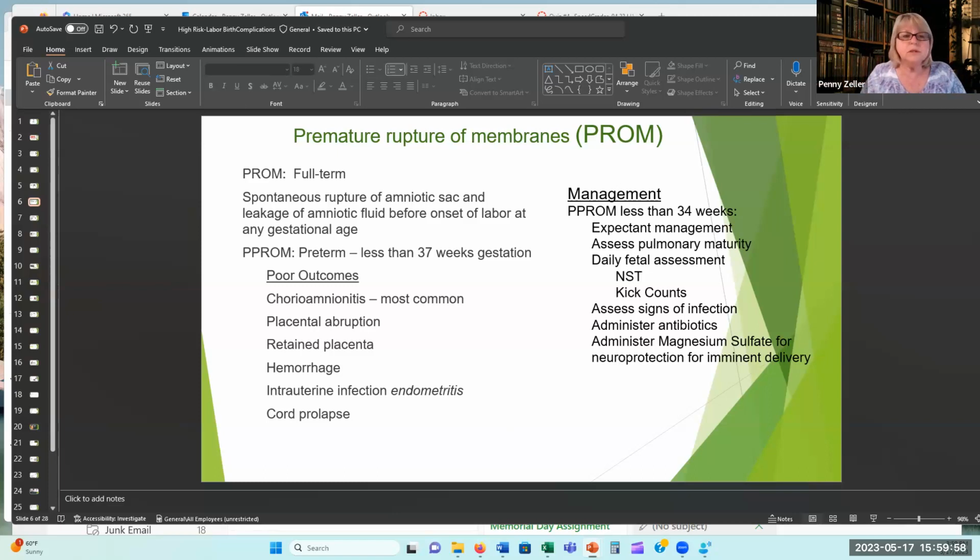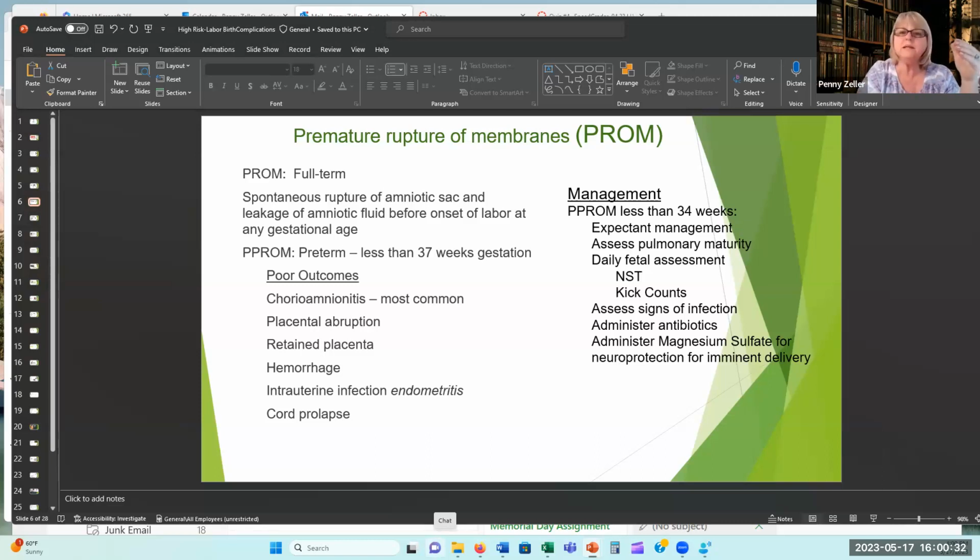Amniotic fluid is vital for the fetus, for movement, for protection, buffering, maintaining temperature. And if it begins to leak, that means that mucus plug, or the endocervical operculum, the mucus that's in the endocervical canal, protecting the fetus and the amniotic fluid from bacteria that's in the vaginal or urinary tract.